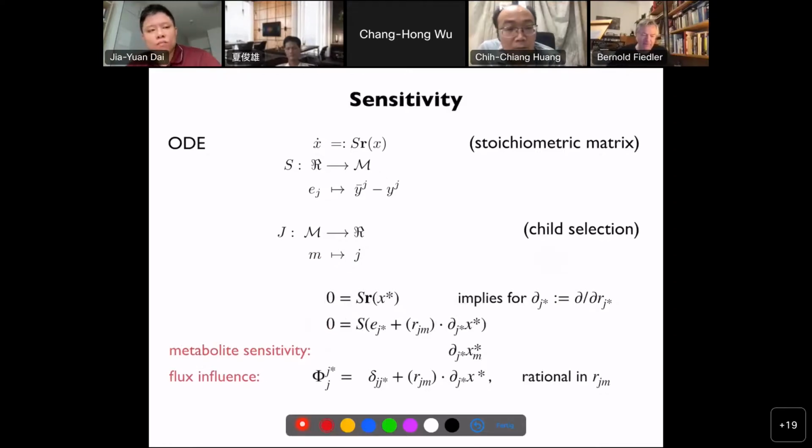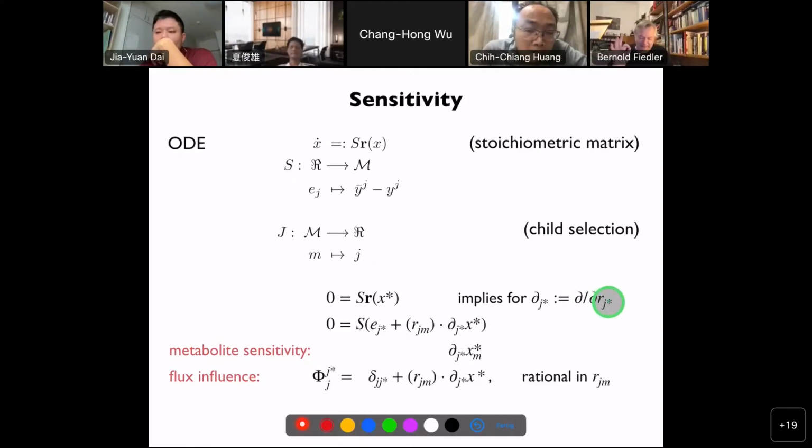Now, let me talk about sensitivity. So what do I mean by sensitivity? I mean, after half an hour, it's about time I explain at least one of the words in the title. Sensitivity means I slightly change one of the reaction rates. Infinitesimal change. Knockout is the experiment. Knockout is an integration over infinitesimal changes, if you like.